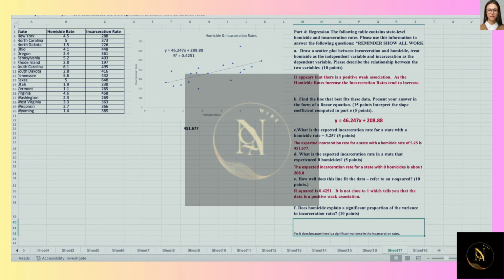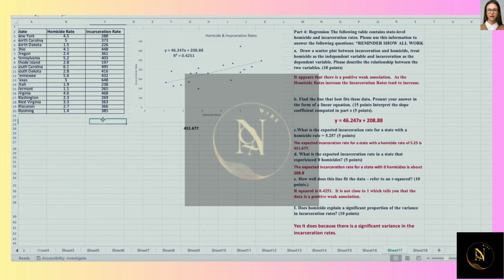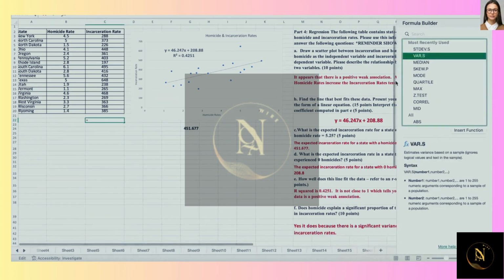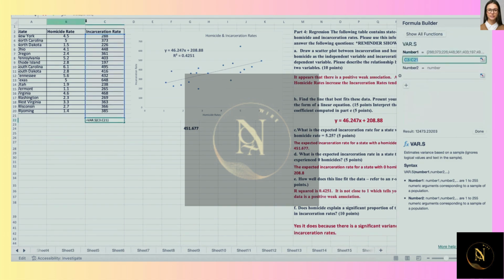And I'm going to show you the variance in 1 second. Okay, and what I'm going to do is insert the variance function, and then I highlight the data that I want, and see how high this number is. There is a very high variance rate.